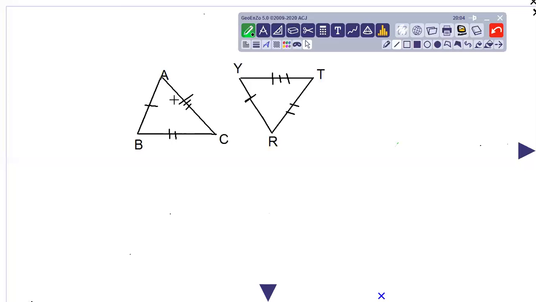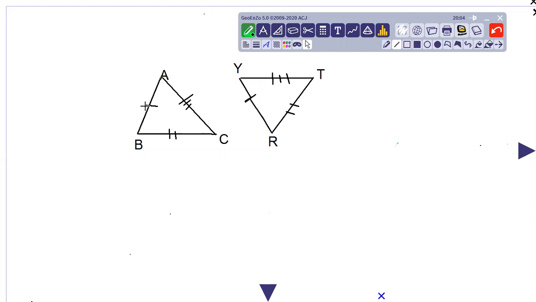And again, this side of the first triangle is equal to this side of the second triangle. But we don't know about the three angles of the first triangle and the three angles of the second triangle. We don't know which angles are equal or not. It was not given.